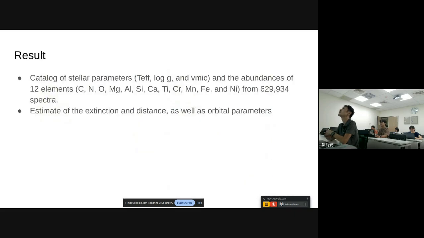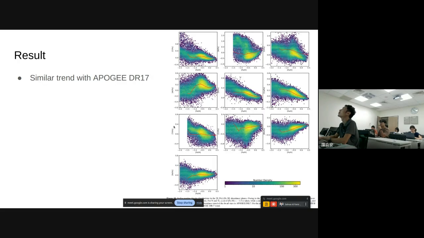And the result, it produced a catalog of stellar parameters and the abundance of 12 elements, and also estimates the extinction and distance as well as the stellar orbital parameters. Here is the result, which was confirmed with the APOGEE DR17, which shows similar trends.